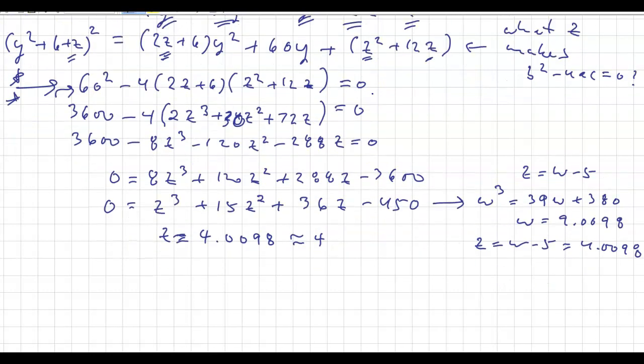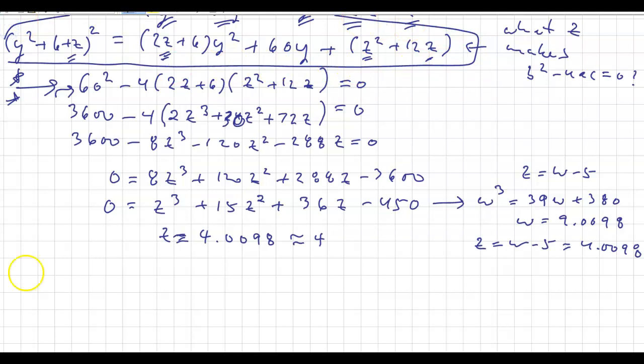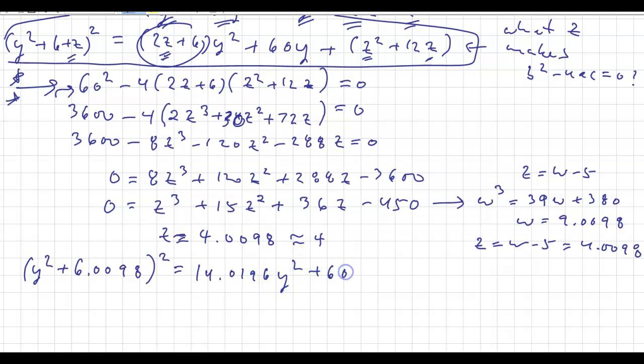And this equation, this one, turns into y squared plus 6.0098 squared is equal to this 2z plus 6 is 14.0196 y squared plus 60y.